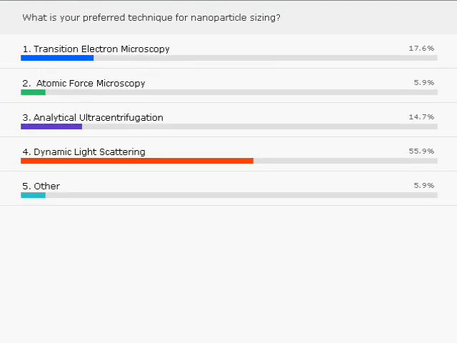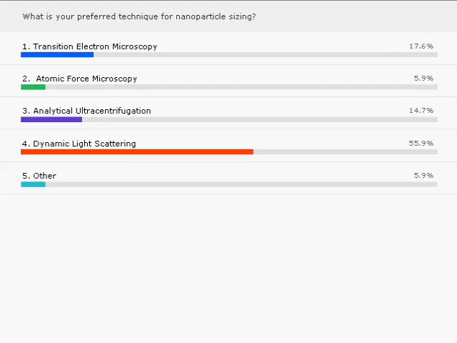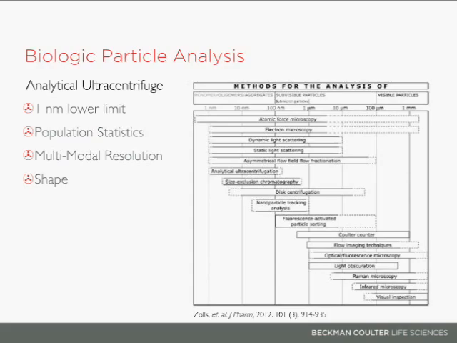One advantage that light scattering techniques and analytical ultracentrifuge have over electron microscopy is population statistics. You're not just looking at a few thousands of particles to relate the entire sample, which may contain upwards of 10 to the 12th or 10 to the 15th particles. But the one advantage that electron microscopy has over light scattering techniques is it has excellent multimodal resolution.